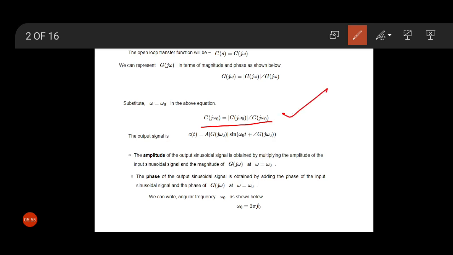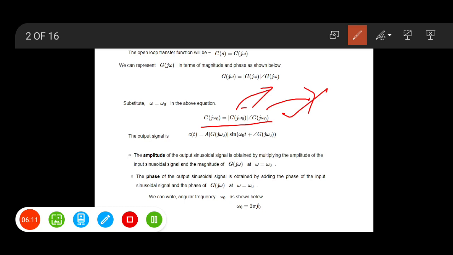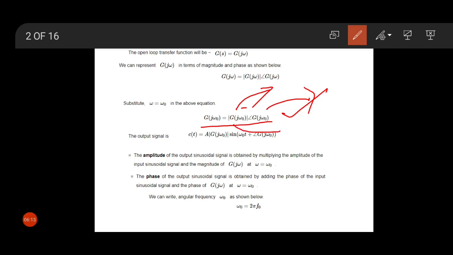This is called the magnitude spectrum, and this is called the phase spectrum.